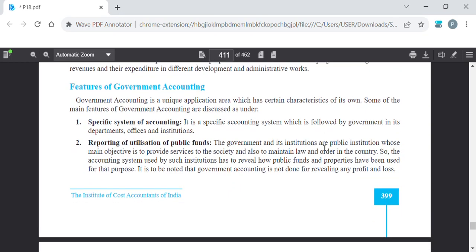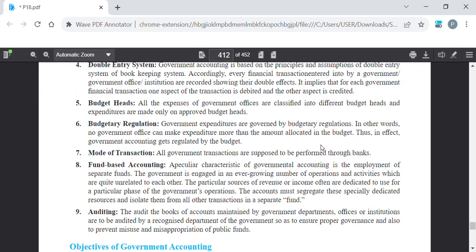Under features of government accounting we have 9 points. I have tried to classify these 9 different points and make them into a story form, a learnable form, so that it will help you remember all 9 bullet points.